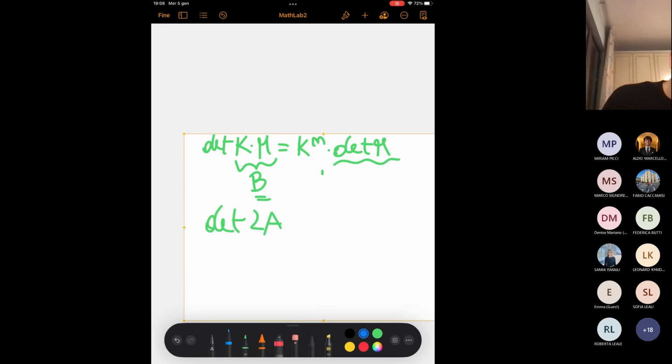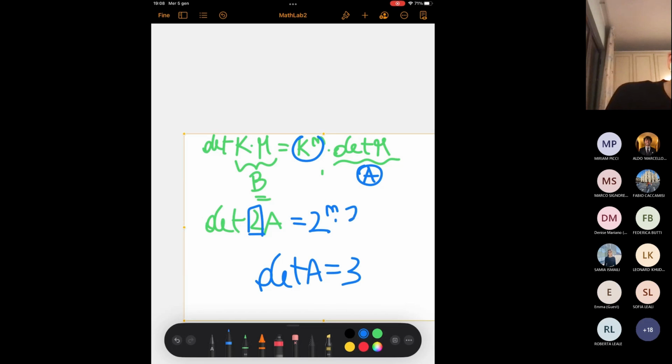Okay, are you following me? Which is equal to k to the power of n. So k in this case would be 2 to the power of n, and we don't know n, so we just leave n, times the determinant of A. The determinant of A is given in our data, and it is equal to 3.